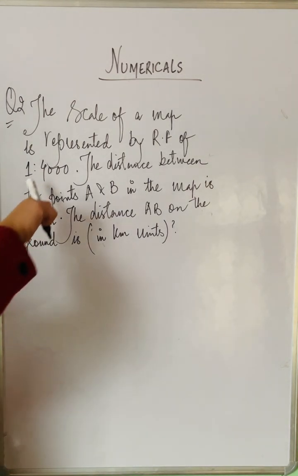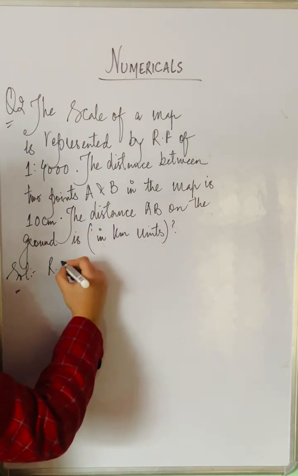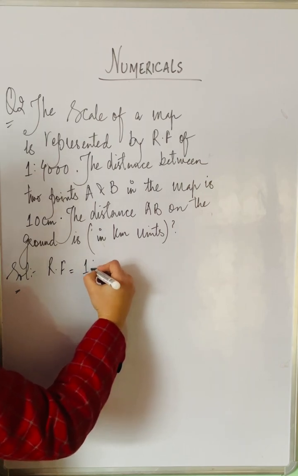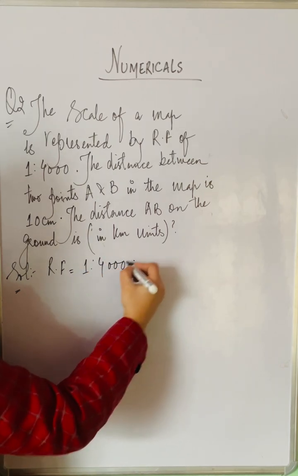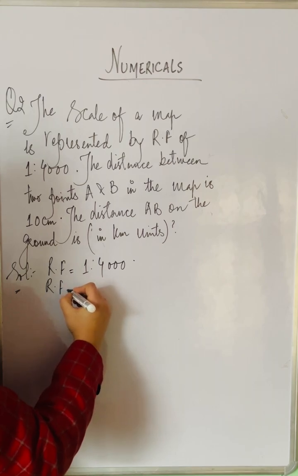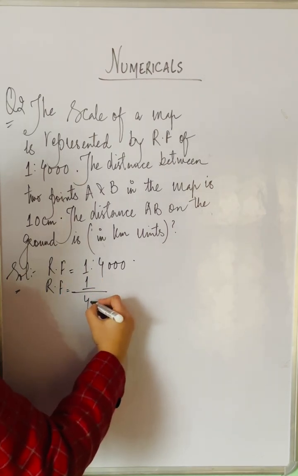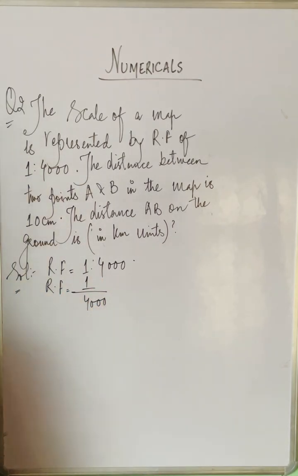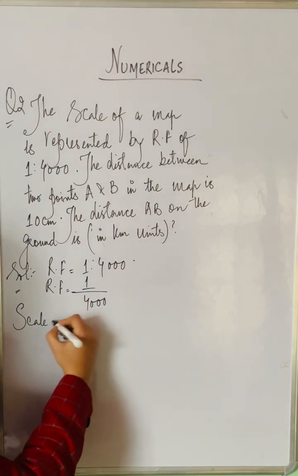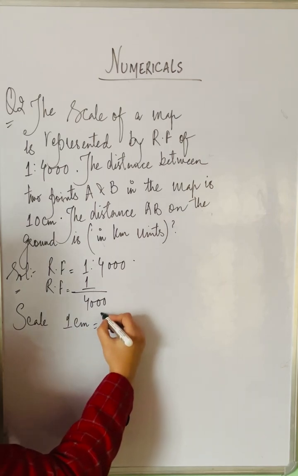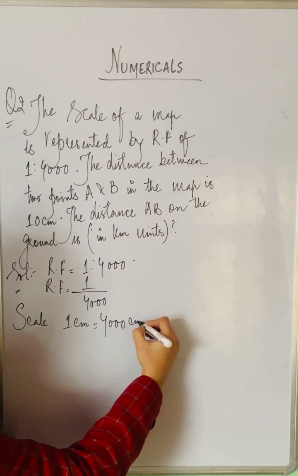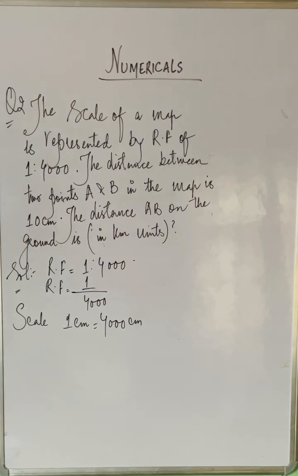As the representative fraction is given, it is 1:4,000. That means representative fraction is 1 by 4000. What does that mean? That means scale is 1 centimeter is equal to 4000 centimeters. Every centimeter on a map represents 4000 centimeters on the ground.